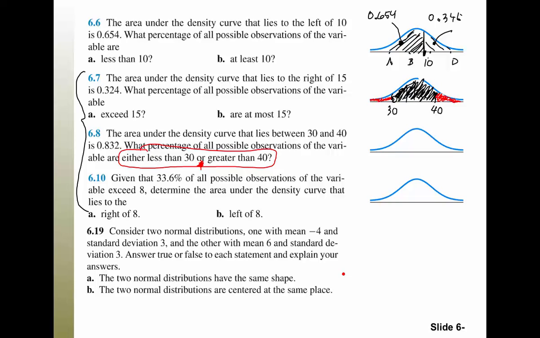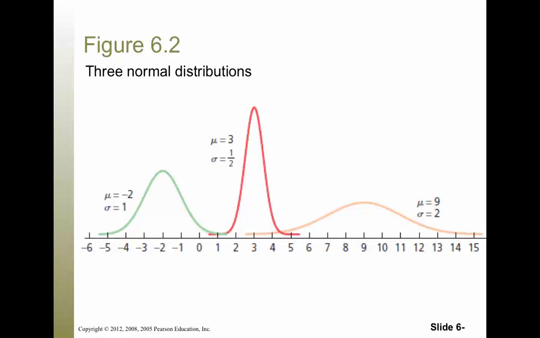Let's go back to the previous screen and look at these different distributions here. They all have different means, -2, 3, and 9, so they're in different places on the scale. But what do you notice about the standard deviation and the shape? For a larger standard deviation, what do we know about the data values? They're more spread out.